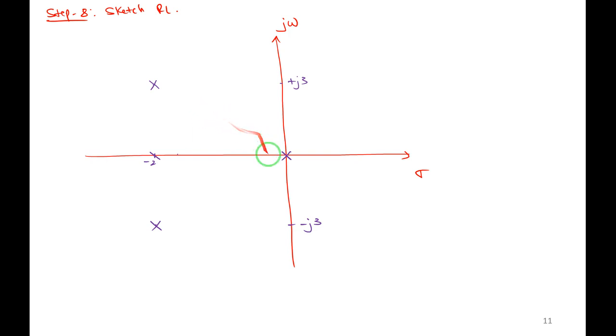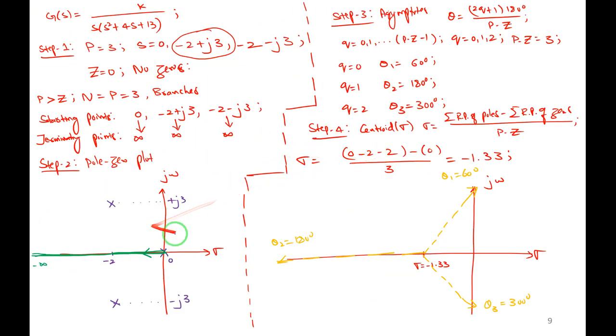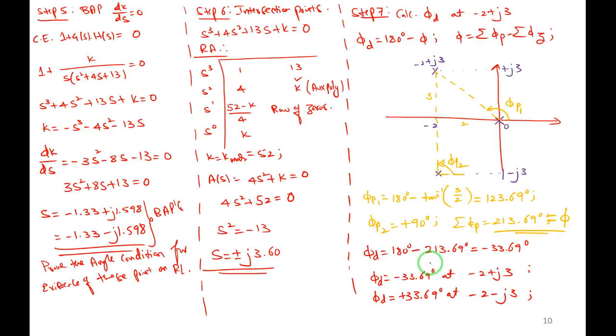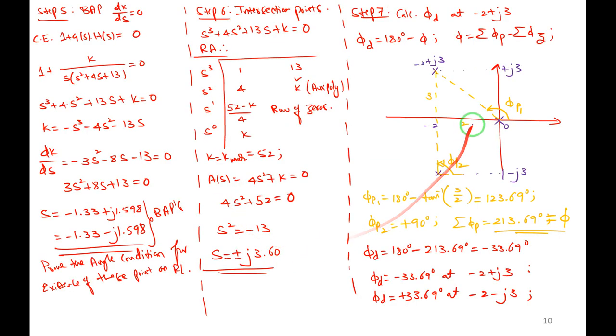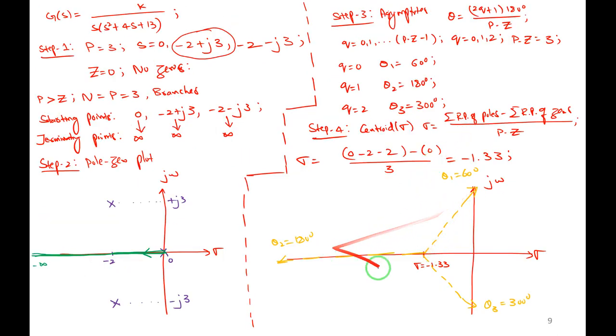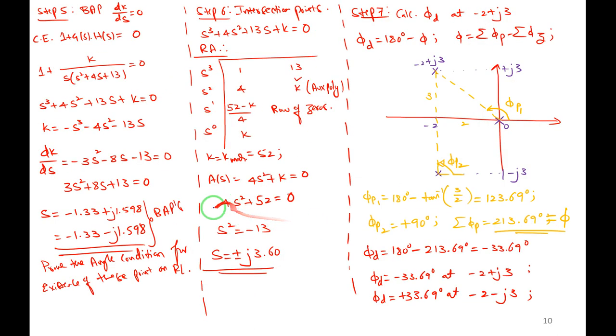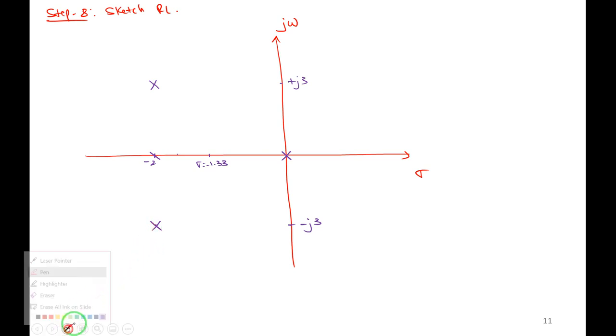Next we will locate the other things. Sigma at minus 1.33, somewhere it will come here. Sigma equal to minus 1.33, and we'll draw the asymptotes, right? So 60, 180, 300 degrees.